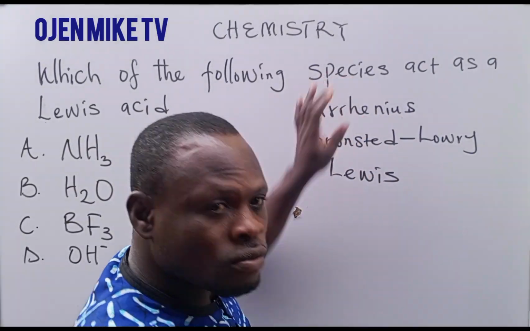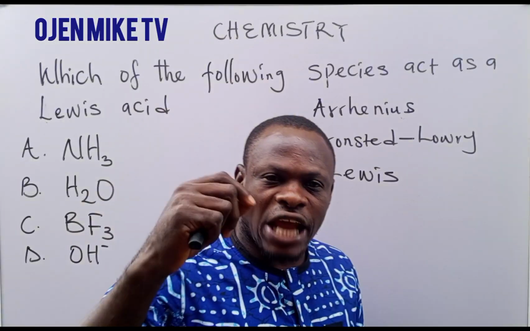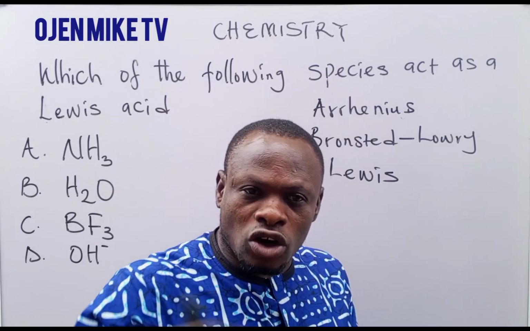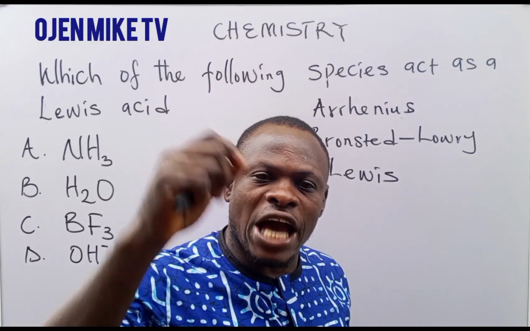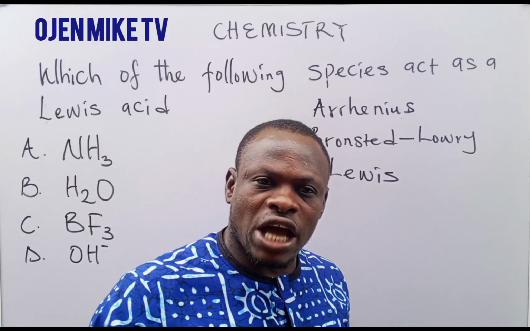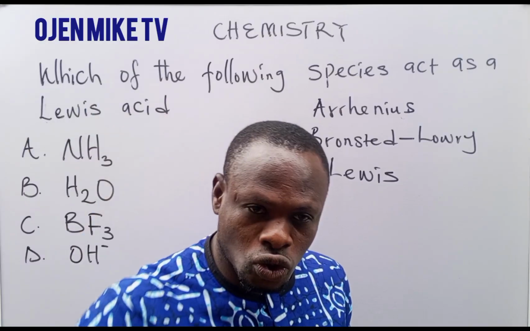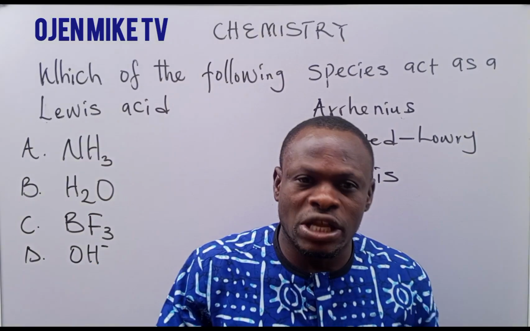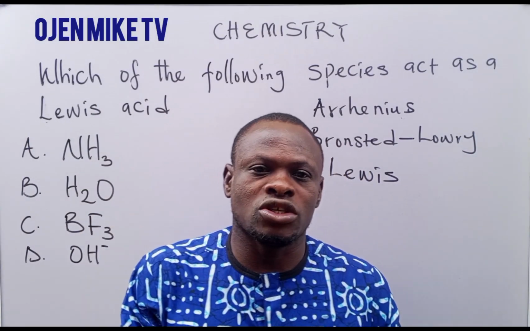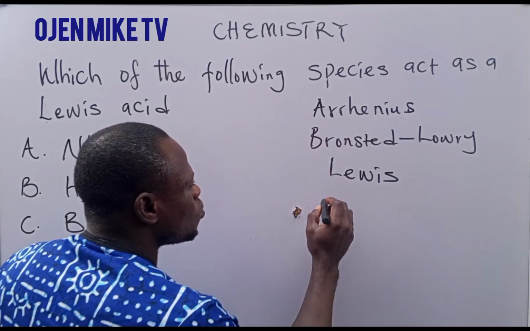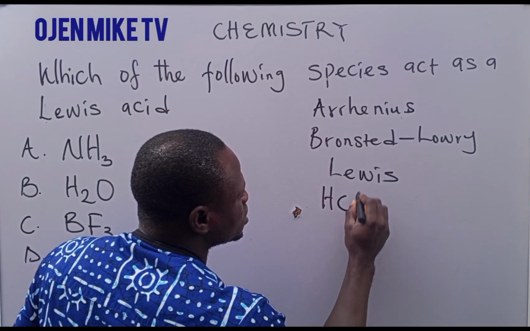According to Arrhenius, an acid is a substance that, when dissolved in water or in aqueous solution, produces a hydrogen ion. Do you get that? For instance, we have HCl.